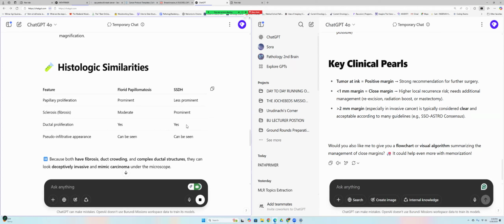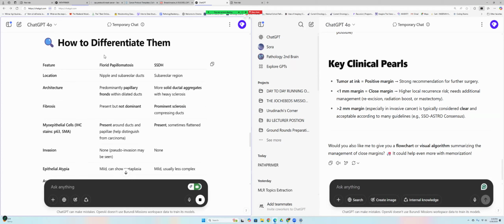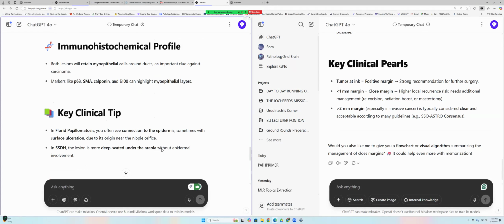Ductal proliferation is found in both. So the difference is the location. This one is subareolar, papillary and ductal. Fibrosis is more here. Immunohistochemistry doesn't help, invasion doesn't help, epithelial atypia doesn't help.